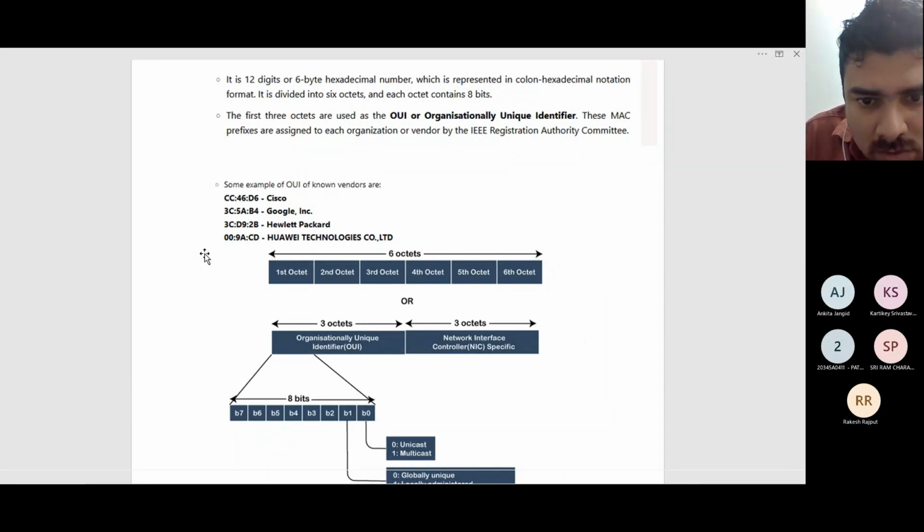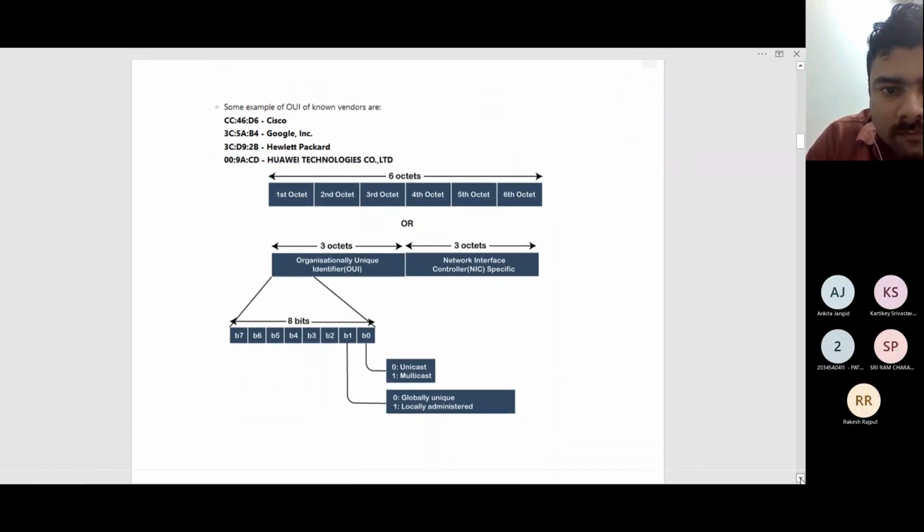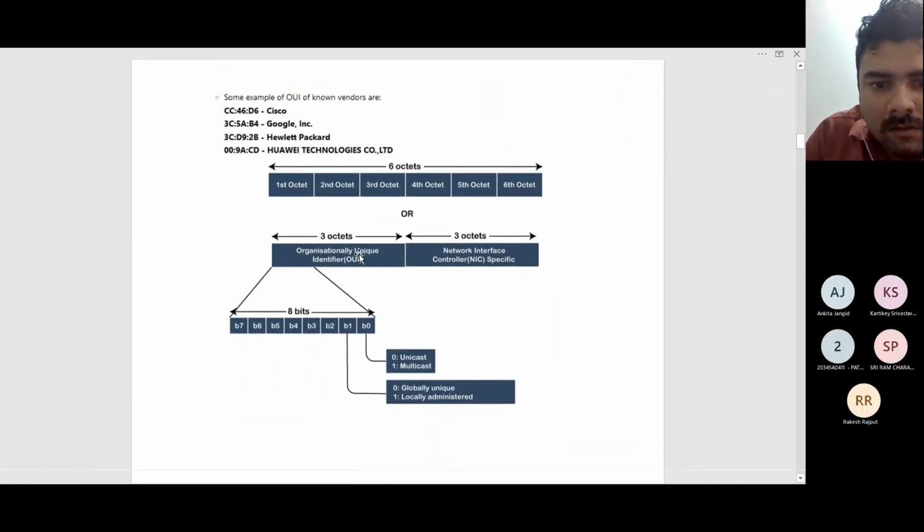So the last 3 octets are from the vendor side. See the diagram: three octets are the organizationally unique identifier, and the last three are network interface controller, NIC, specific.